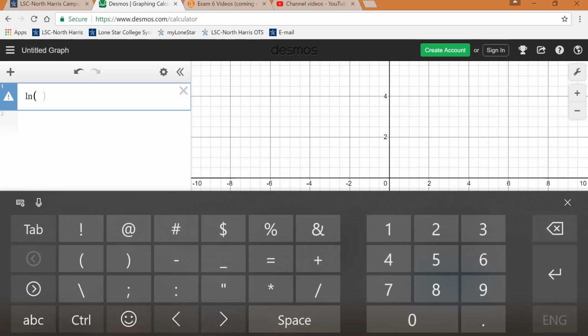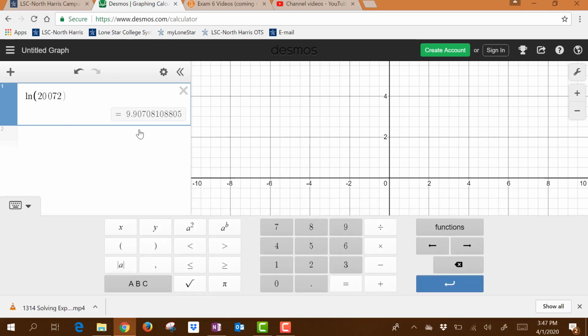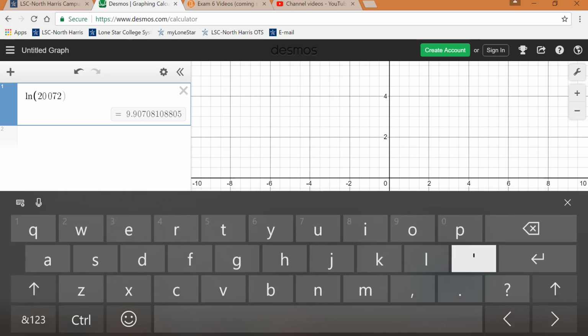Okay, so we want 20,072. We're going to go outside of that parentheses, so I'm going to hit the arrow button. I'm going to arrow over, and I believe it was plus 9.